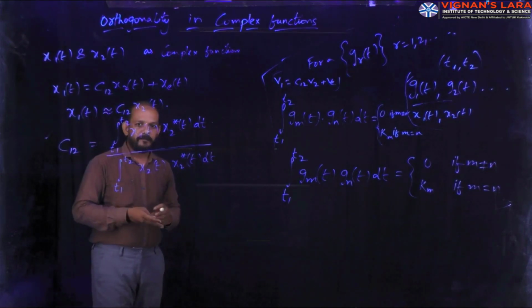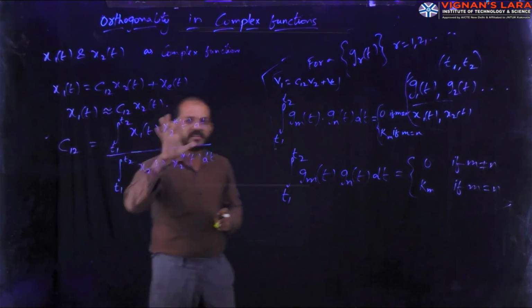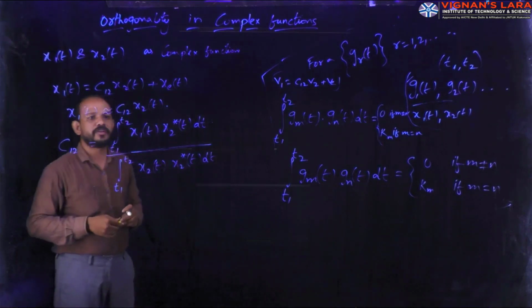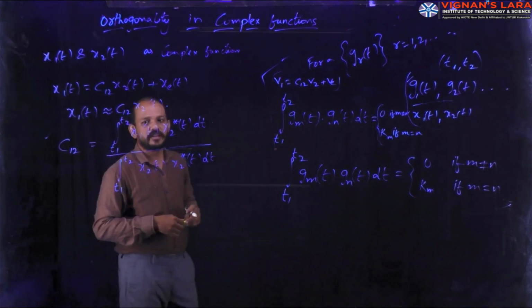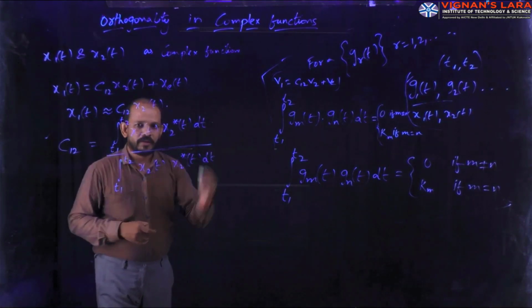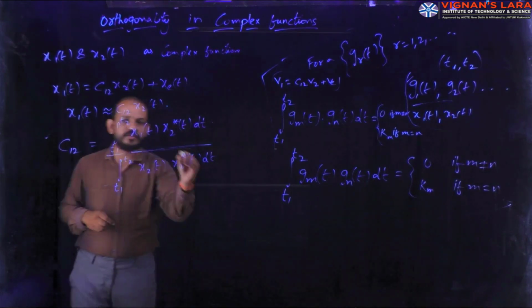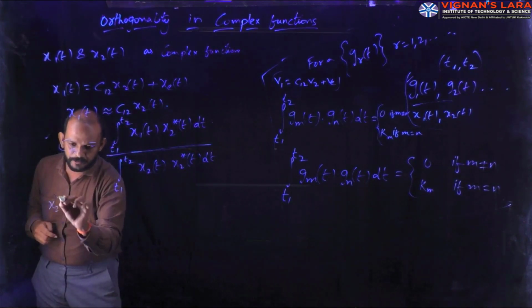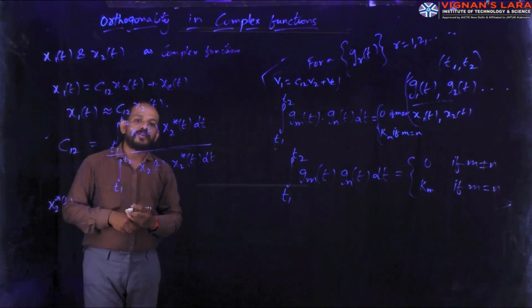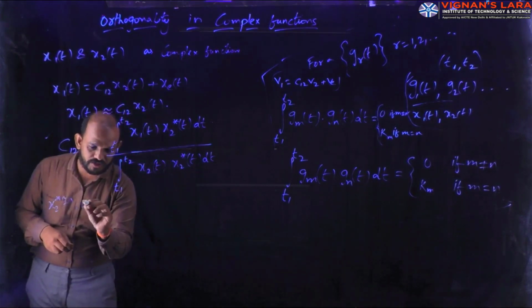The optimum value of c12 to minimize the mean square error is given by c12 equal to the integral from T1 to T2 of x1 of t x2 star of t dt, divided by the integral from T1 to T2 of x2 of t x2 star of t dt. Simple. This is for complex functions. What is this x2 star of t? Here x2 star of t is nothing but the complex conjugate function of x2 of t.